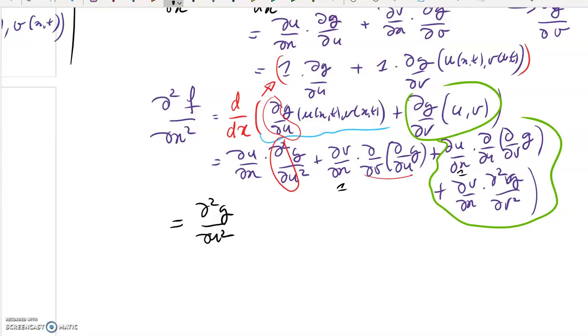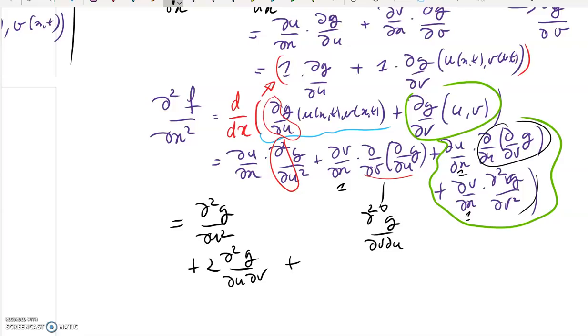So basically all these derivatives are 1, but then I've got d over dv, so that's the crossed d2g over dv du, which I will find again here. So I've got plus 2 times d2g over du dv. Okay, what's left? We have this one left, plus the second order derivative according to the v variable.